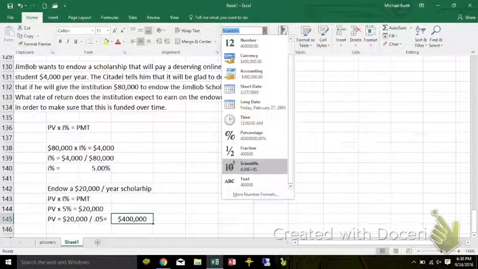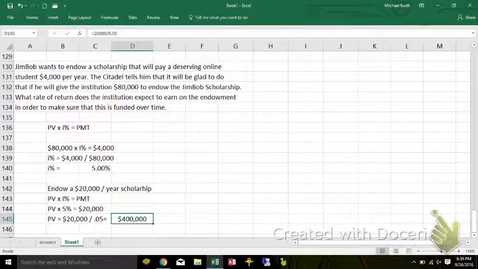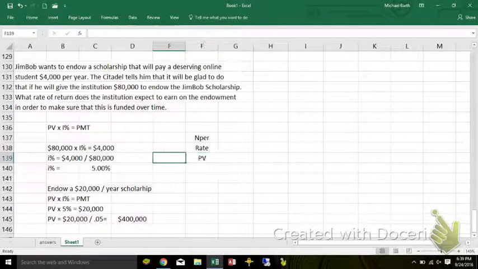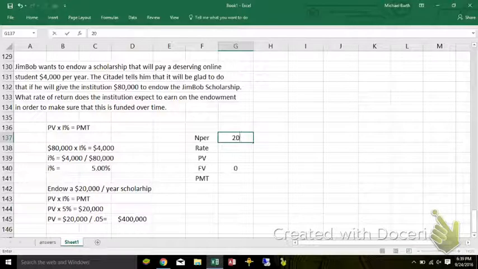By the way, you could have also done the same calculation using number of periods, rate, PV, FV, and PMT simply by putting a 0 for FV and using a really large number for the number of periods, like 2,000.